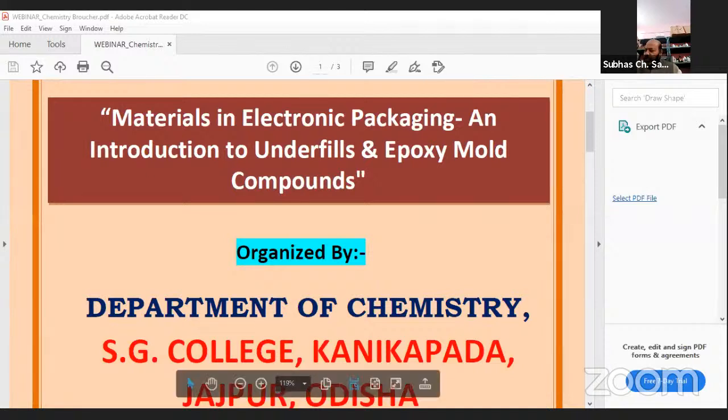He joined Cosmo Films Private Limited, Waluj Industrial Estate, Maharashtra, from September 1998 to January 1999, and worked on testing and development of products based on biaxially oriented polypropylene films for application in lighting.